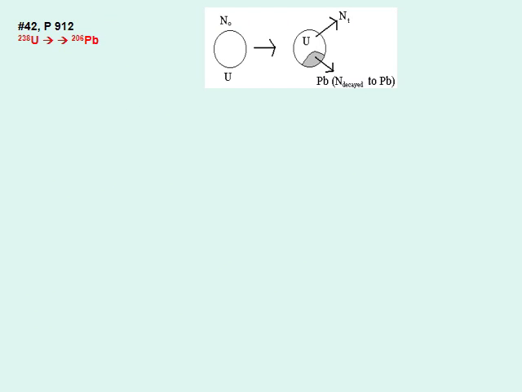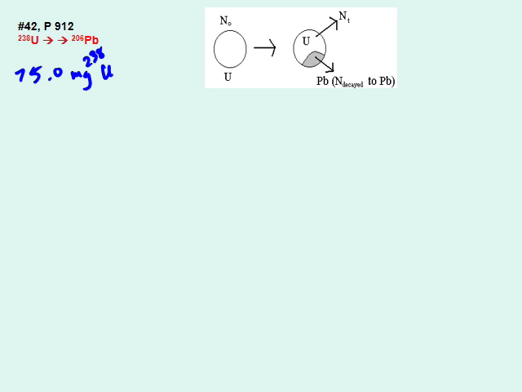Let's now go over number 42, page 912. It's a mineral sample and they find that it has 75.0 milligrams of uranium-238.